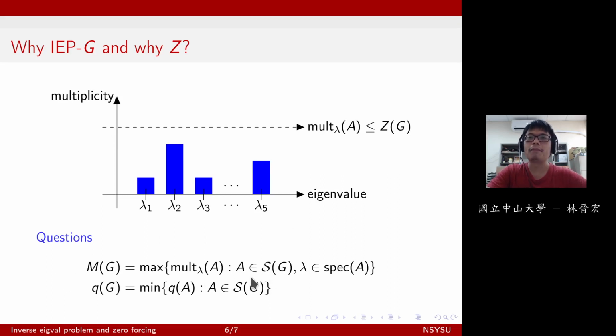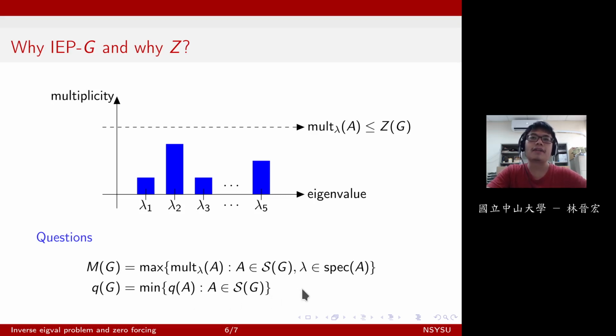For example, pick a matrix and pick an eigenvalue, and what is the maximum multiplicity over all such matrices and eigenvalues? It turns out this M(G) is always bounded above by Z(G), which is the zero forcing number, a combinatorial parameter. On the other side, we can also talk about q(G), which is the minimum number of distinct eigenvalues over all matrices of S(G).